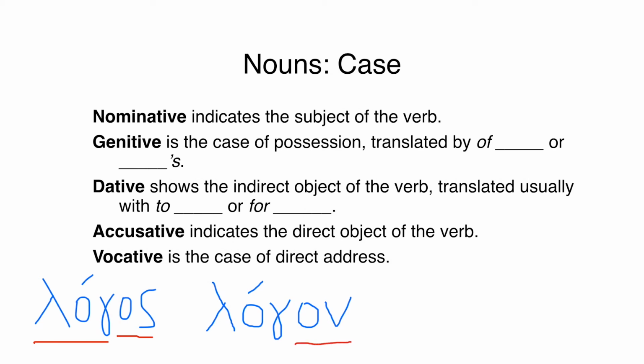So the stem remains the same. Log is the stem, but the ending has changed from os to on. So logos is the subject in the nominative case. Logon is the object in the accusative case.